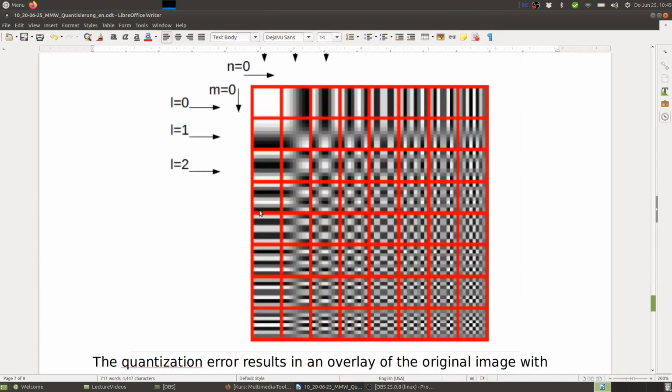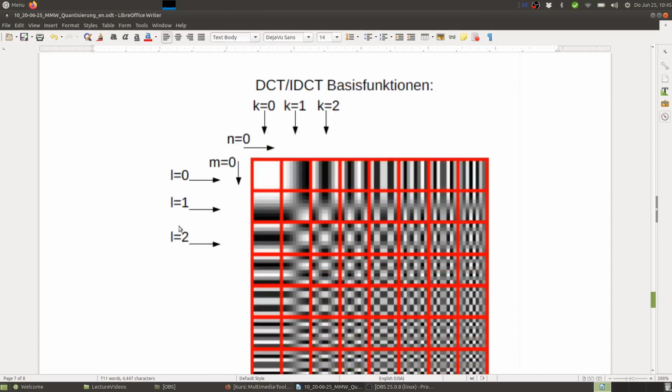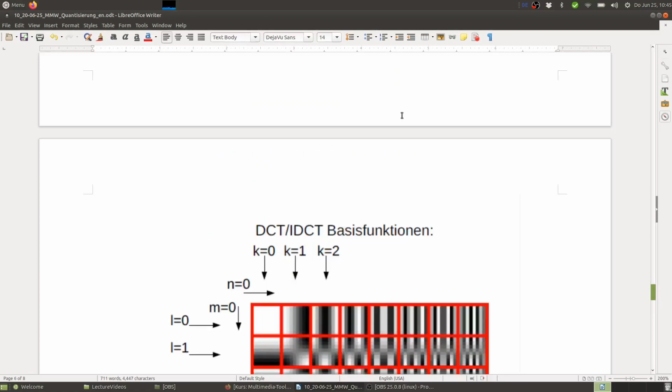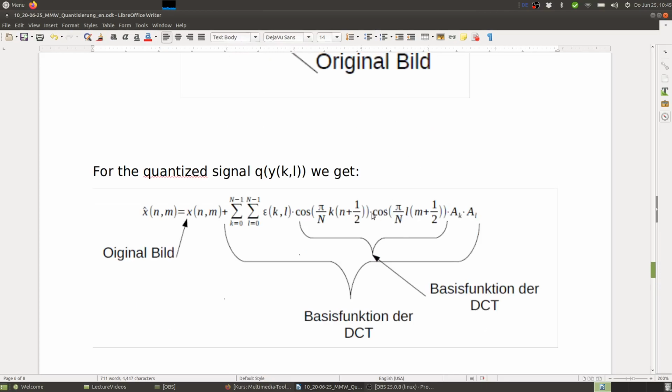And here we can see the basis functions of the inverse DCT as pictures, right? You know that we have two-dimensional basis functions because we have k and l, and we have m and n here. So each basis function k and l has space indices n and m, and this is what we see in this picture.